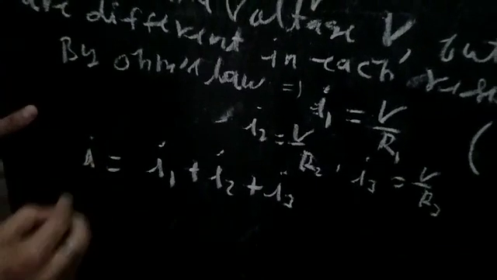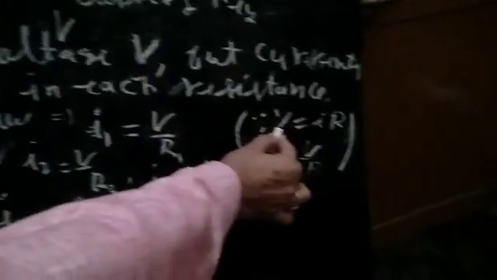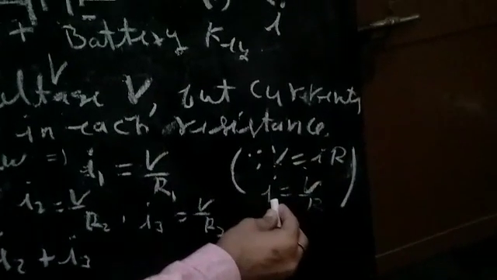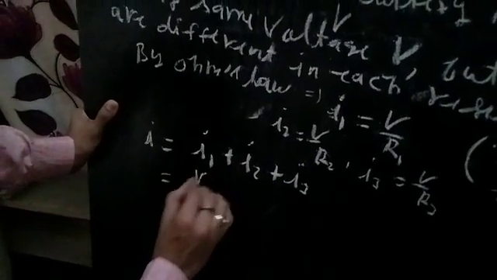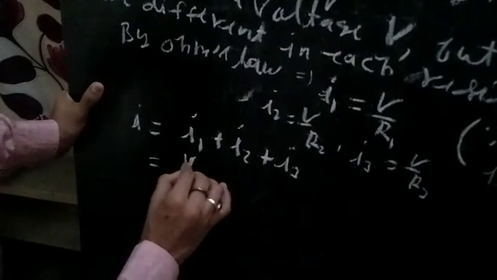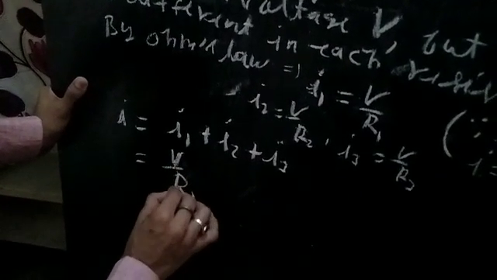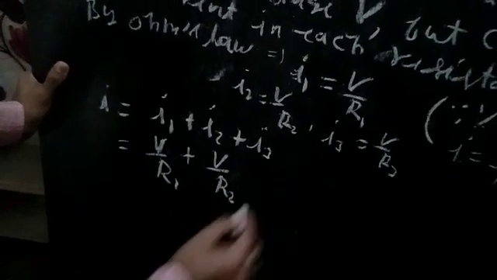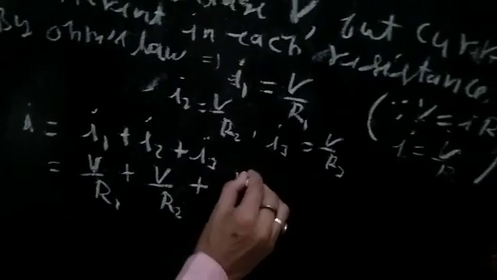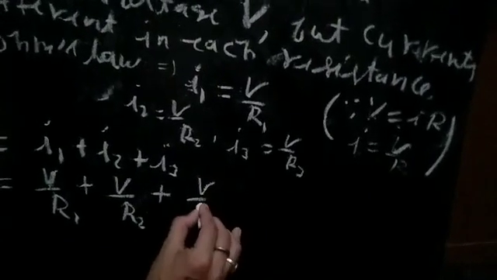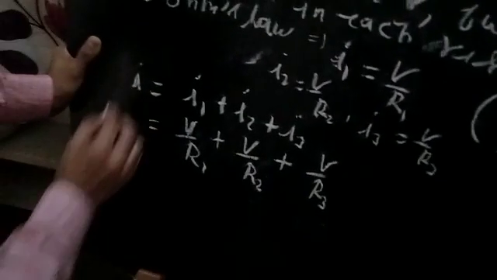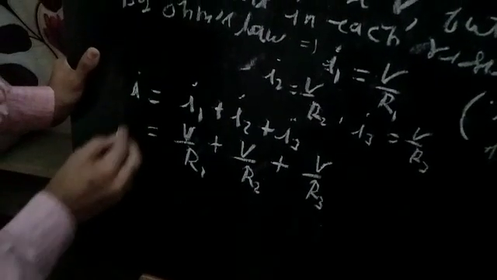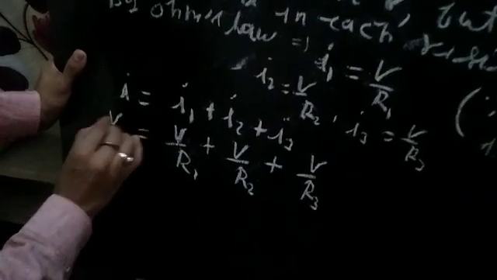By Ohm's law I is equal to V upon R, so I1 is equal to V upon R1, with the same voltage but different resistance, plus V upon R2, plus I3 equal to V upon R3. Then we put the value of I equal to V upon R.